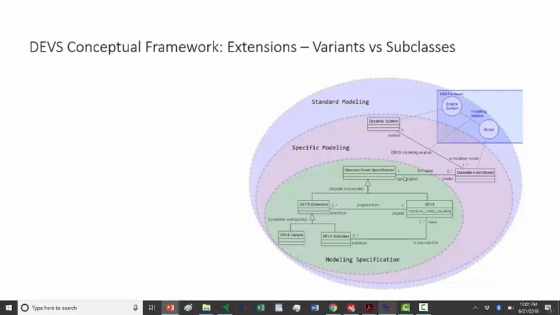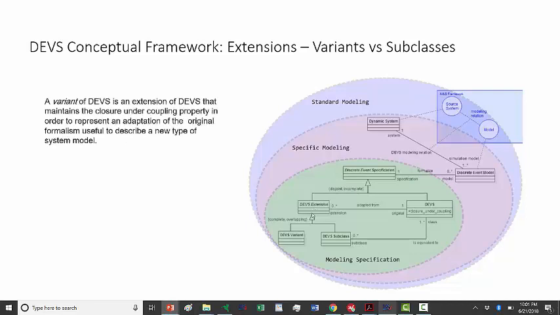And this model is formalized by the DEVS discrete event specification, which can be a DEVS coupled model, which is closed under coupling. That remains to be proved. Or a DEVS extension, which can be a DEVS variant or a DEVS subclass.